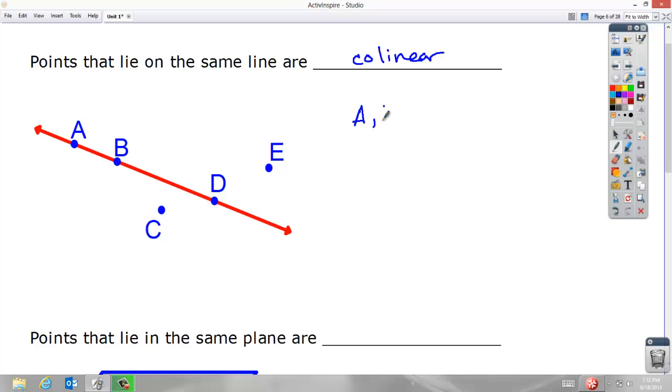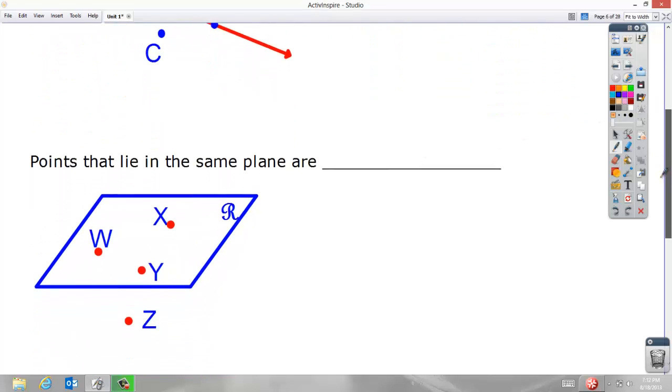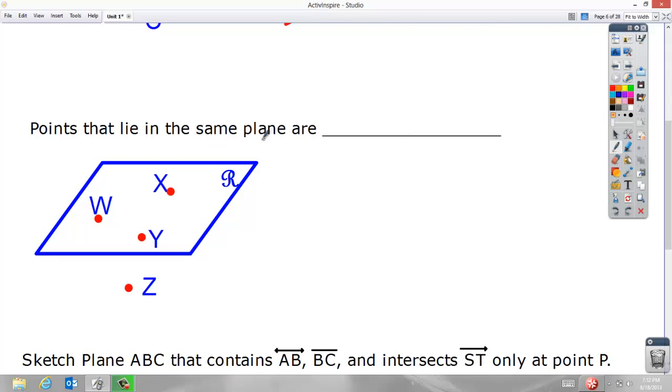So A, B, and D are collinear, right? E and C, you could say, are non-collinear, which is like we talked about a few minutes ago. Points that lie in the same plane are, see if you can guess what goes here.